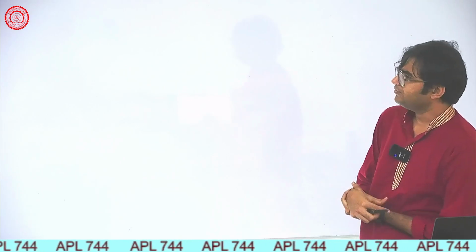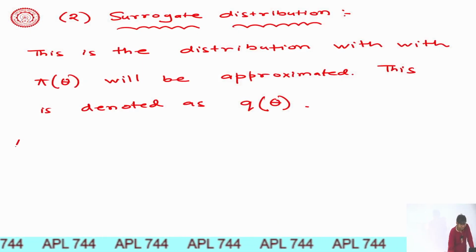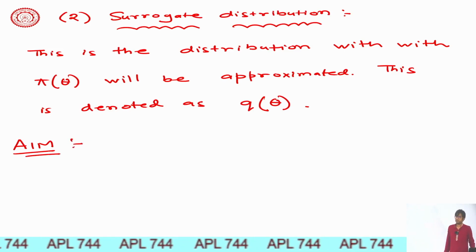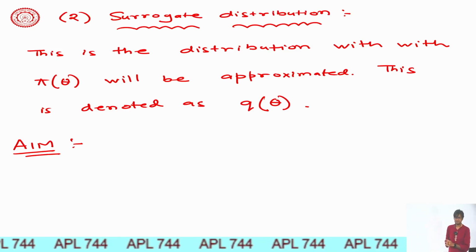Okay. So if there are no questions, then can you tell me what my ultimate goal is with this setup? What is the aim now in approximate inference? When will you say that you have a very good q theta?